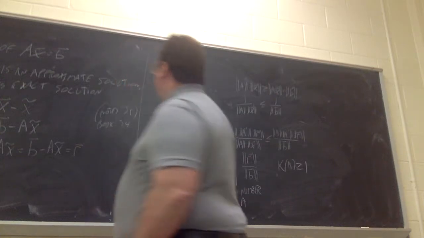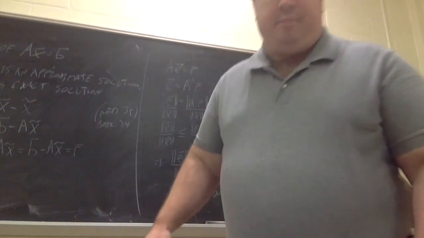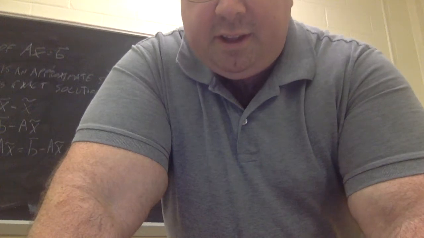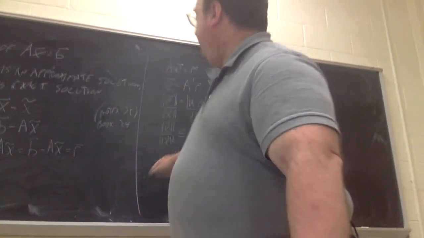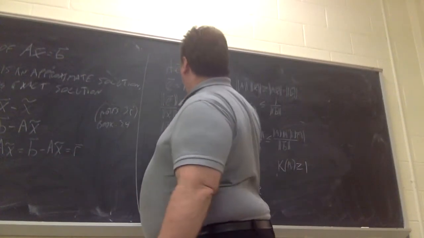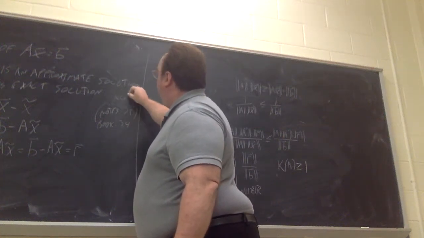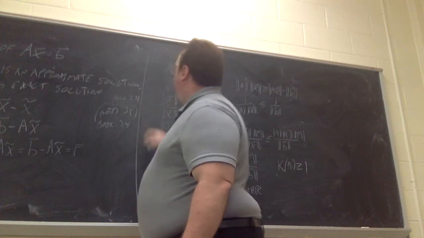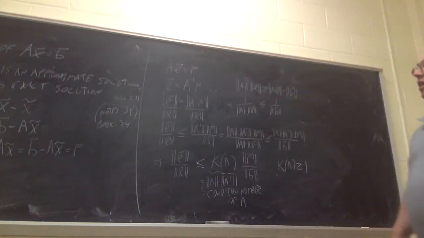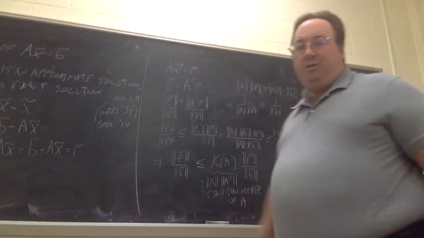I'm taking from section 3.4. Also in the notes, this came from 3.5. There's also a section on sensitivity where I derive this in a different way, 2.11 in the notes, but all of this is in 3.4 in the book.